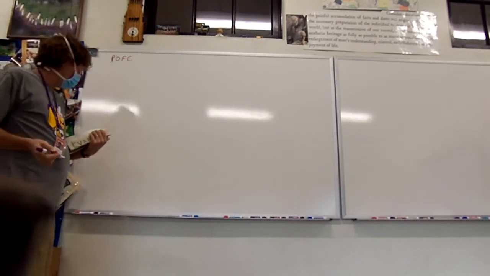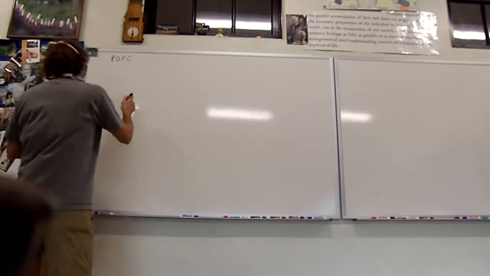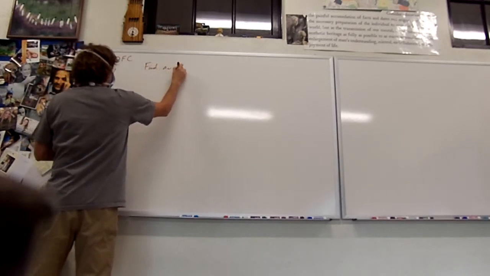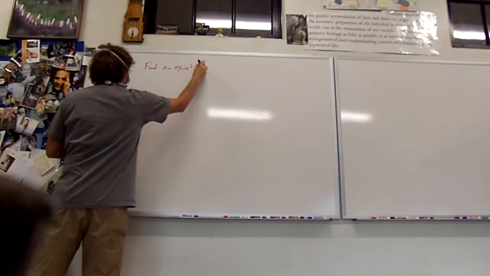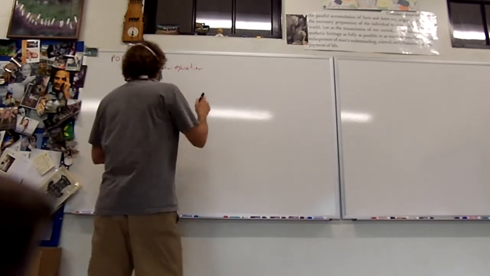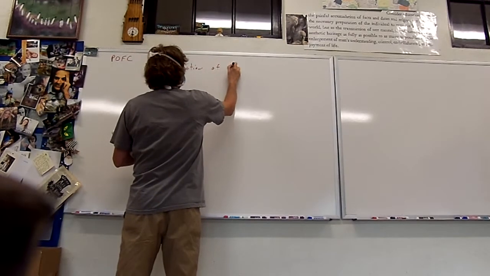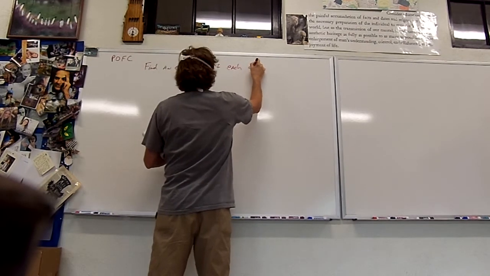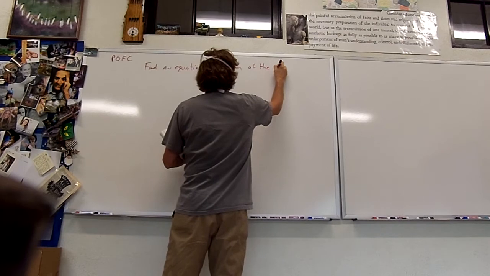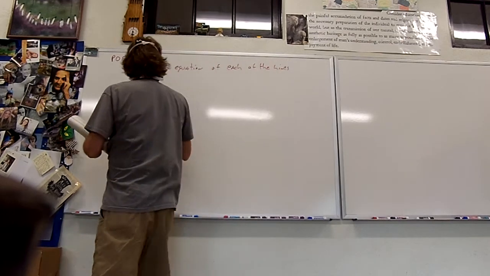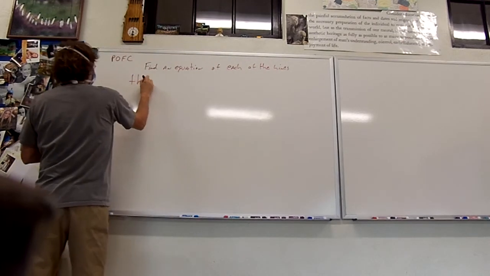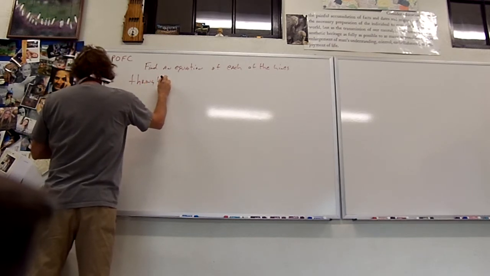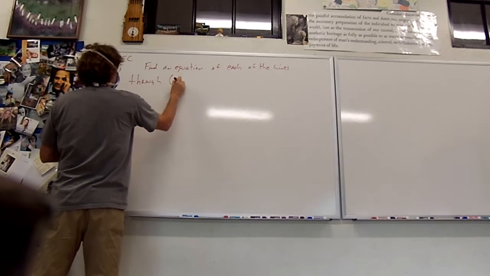Now, here's how the problem reads. I don't want to write this whole problem, but I will. Find an equation of each of the lines through 4, 13.